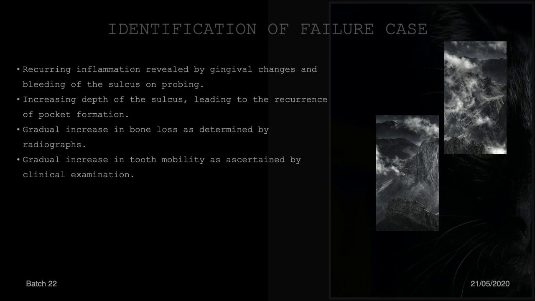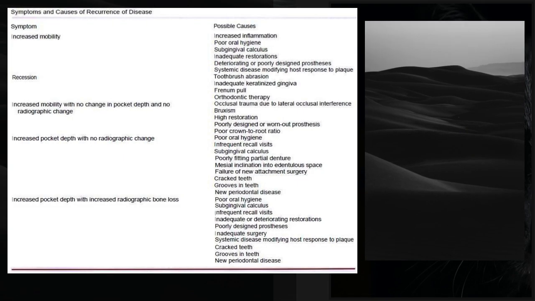So the basic idea of having periodontal maintenance therapy is to identify such patients and modify our treatment so that we can bring the patients back to a better healthy state rather than letting them get to a worse condition. So what are all the symptoms and causes for recurrence of disease? What will be the symptoms and what will be the possible causes for recurrence of the disease?